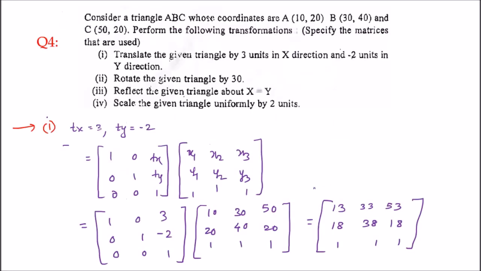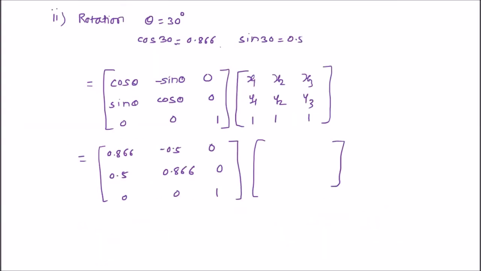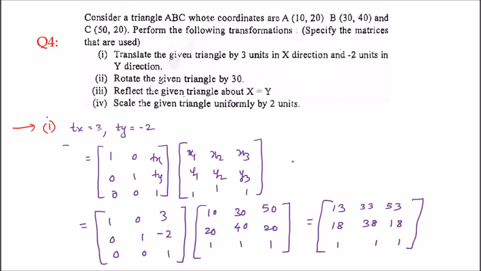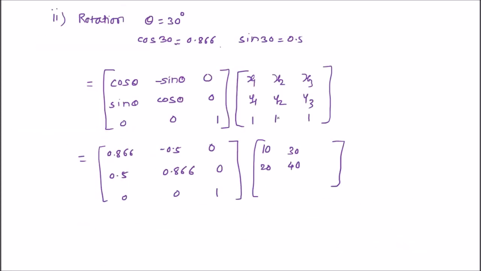So the coordinates are 10 20, 30 40 and 50 20, and those are with the 1s. So do the multiplication.